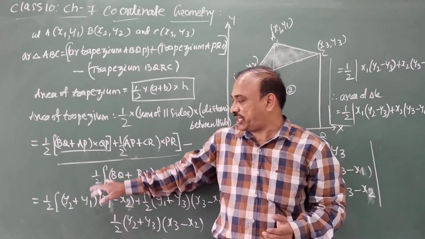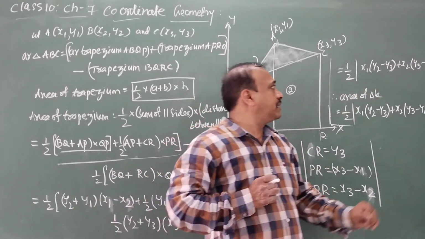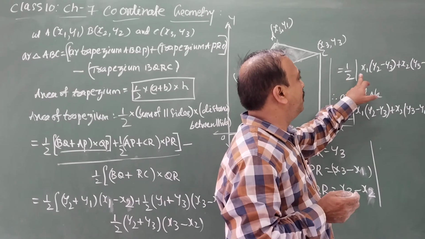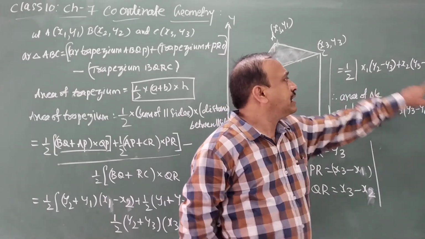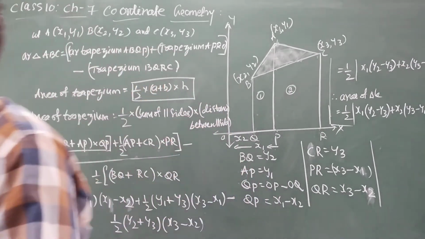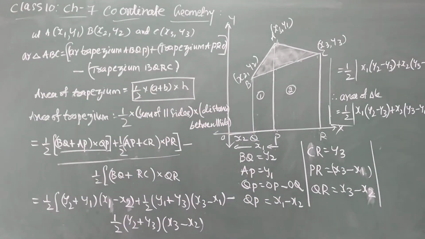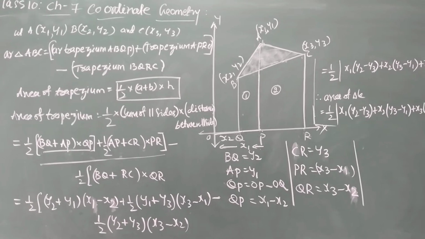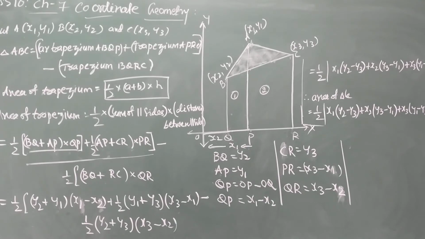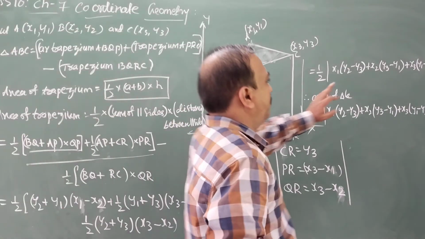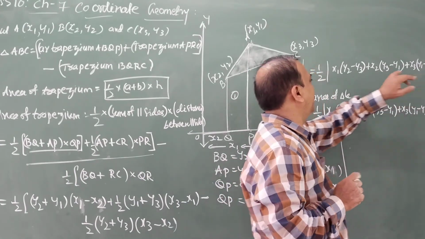After simplification, taking out the common terms, we get half modulus of x1 into (y2 minus y3) plus x2 into (y3 minus y1) plus x3 into (y1 minus y2), where modulus is the absolute value.